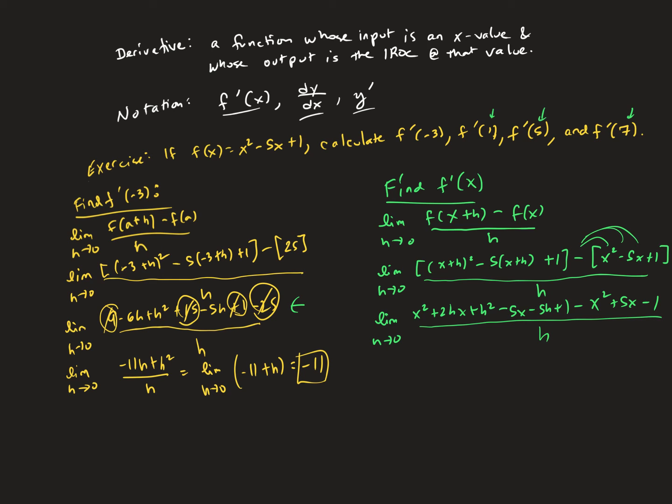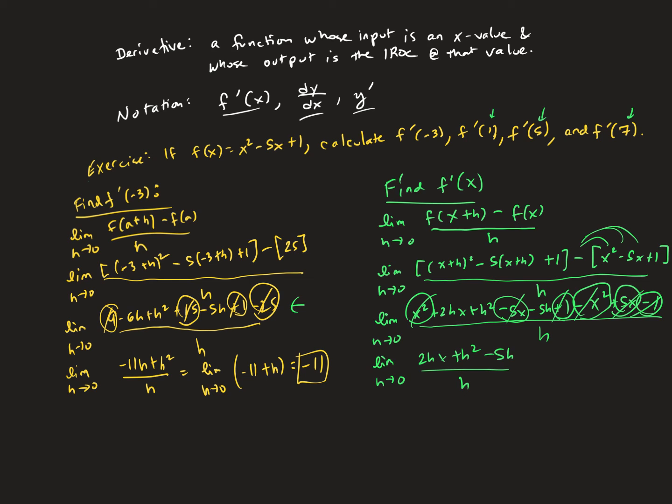Now look at what we've got over on the green side. x squared, negative x squared. Boom, boom. Let's see, negative 5x, 5x. Boom, boom. 1, negative 1. Go away. So look at this. Again, everything that had an h in it is still around. Everything that had no h in it went away.